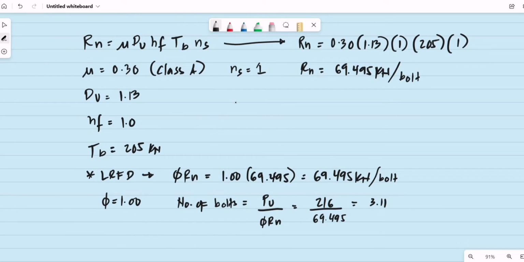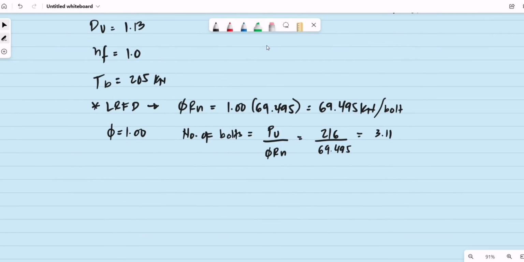But obviously we don't have 3.11 bolts. So for LRFD, I always round up. We are using 25 millimeter diameter bolts. This will be the required number based on LRFD.